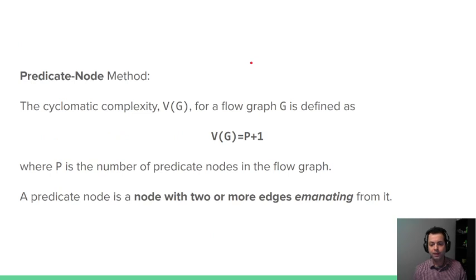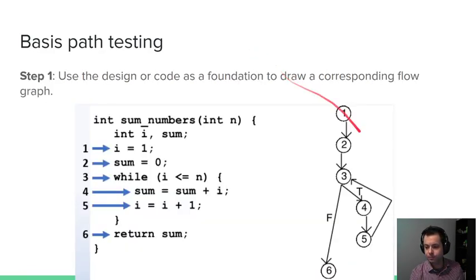The third one is going to take the number of predicate nodes and add 1. What is a predicate node? Well, that's where you have a node with 2 or more edges coming out of it. So think of a conditional, basically. If this, true, else false, right? So that would be a predicate node. So if we go back here, the predicate node would be this 3 here, right?